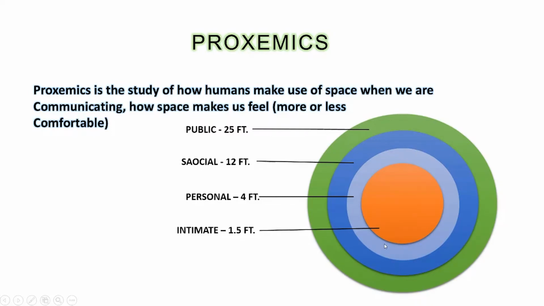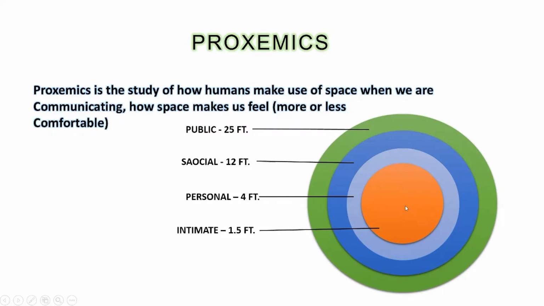So this is the intimate space. Consider here is a human being, and the orange one represented is the intimate space, which is about 1.5 feet. For example, consider you are attending a public meeting where an orator is speaking, and you are also talking to your friend.